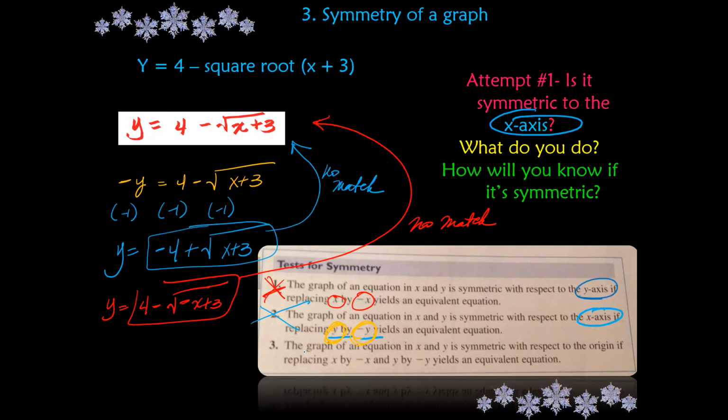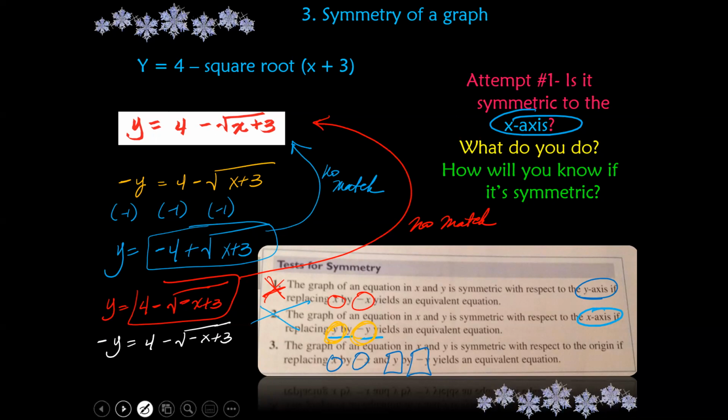Last one to try is whether the graph of the equation in x and y is symmetric with respect to the origin, if I replace the x with a negative x and y with a negative y. So let's try that then. If I replace the y with a negative y, 4 minus the square root of negative x plus 3. So I want to counter that negative by multiplying everything by a negative 1.